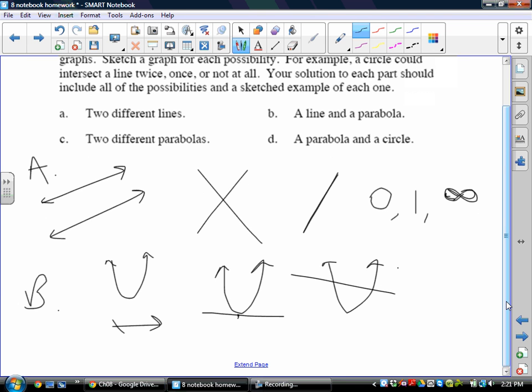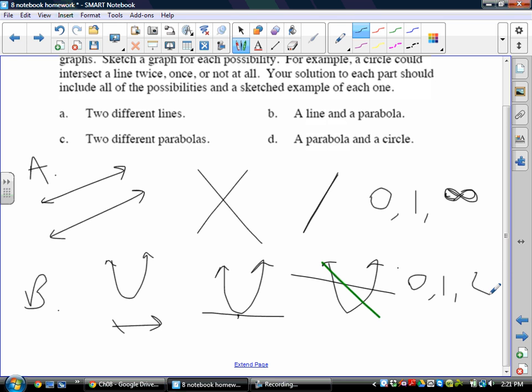Okay? And that's as many ways as we can have this happen. Even if I change where my line goes through, let's pick a different color here, even if I change it like that, it still is only going through twice. So total I have 0, 1, and 2 times for part B, for a line and a parabola.